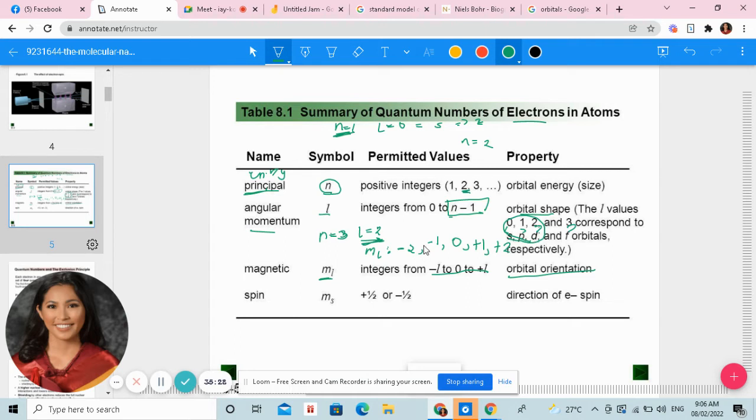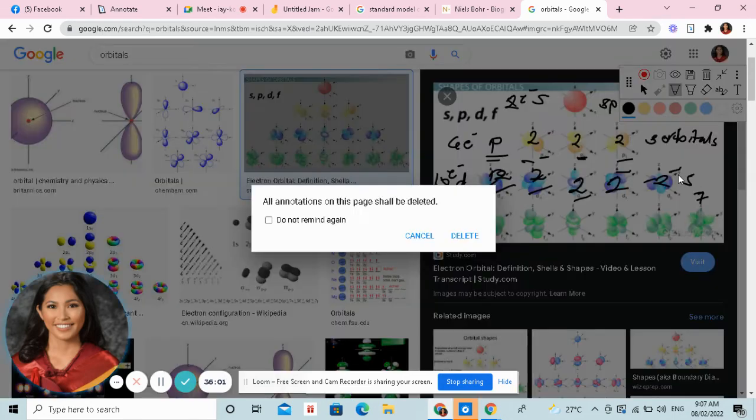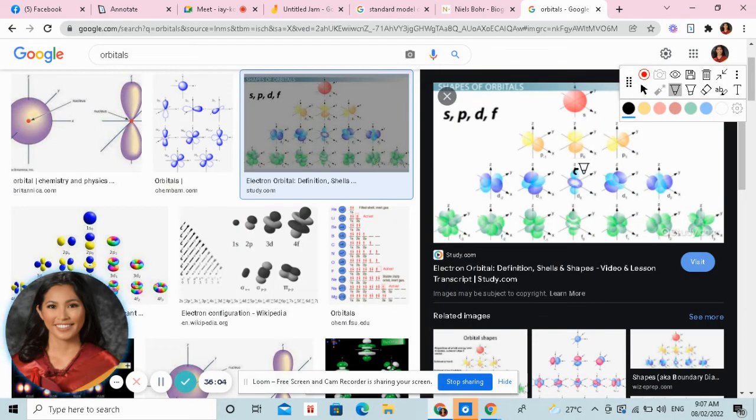What orbital is that? D orbital. How many orientations are in a D orbital? 5, ma'am. Okay, let's count. First orientation, second, third, fourth, fifth. That is why we have 5 orientations. Now, it depends on where it is. For example, this is 0, this is -1, -2, +1, +2. So we have that one.